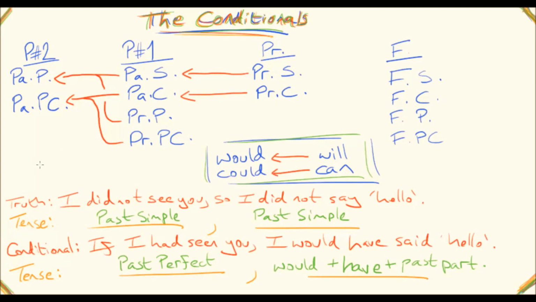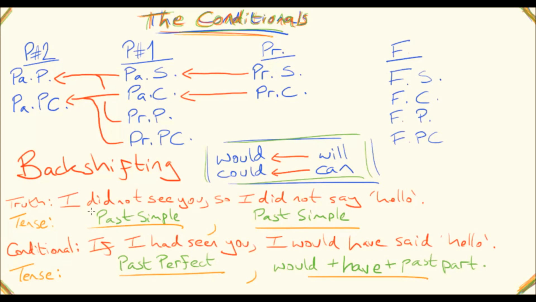What do we call this process? Well, I've just given you a bit of an indication. We call this backshifting. And it is an amazingly important concept to get to grips with in English. Not just for conditionals, but for other grammatical areas, which we're going to see a little bit later.